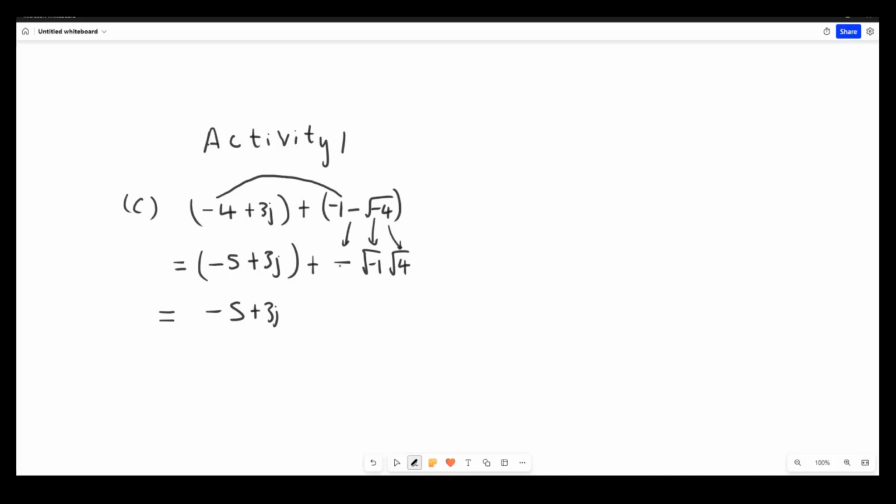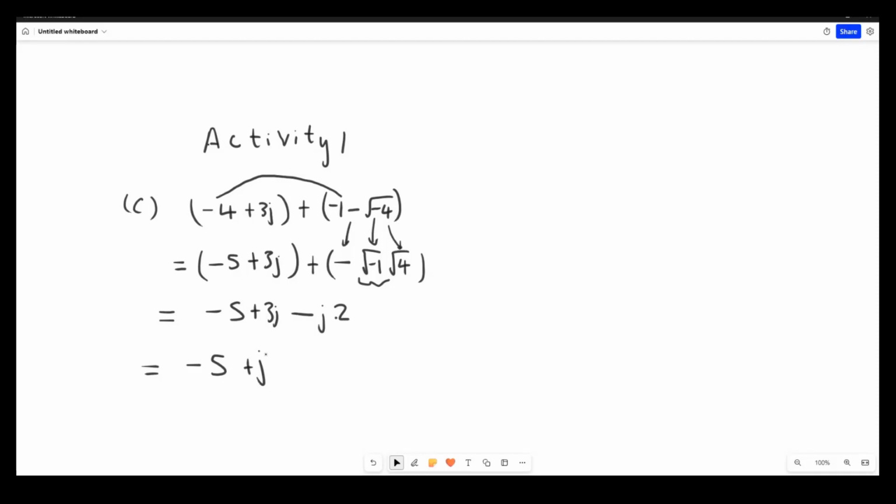This is plus minus, so it's minus. This is j here, and this is 2. Square root of 4 is 2. So if you guys are fine with that, then I look at my imaginary parts again. I keep my real part, and I've got 3j minus 2j, which gives me j.